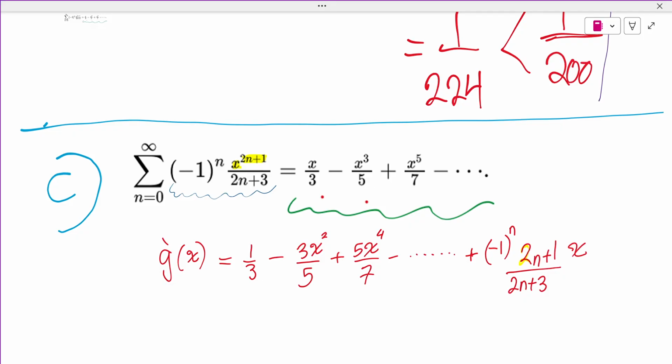And then you reduce the power by 1, so 2n plus 1 minus 1 is 2n. So x raised to 2n. This is the general term, and these are the first 3 terms for g prime of x. Understood?